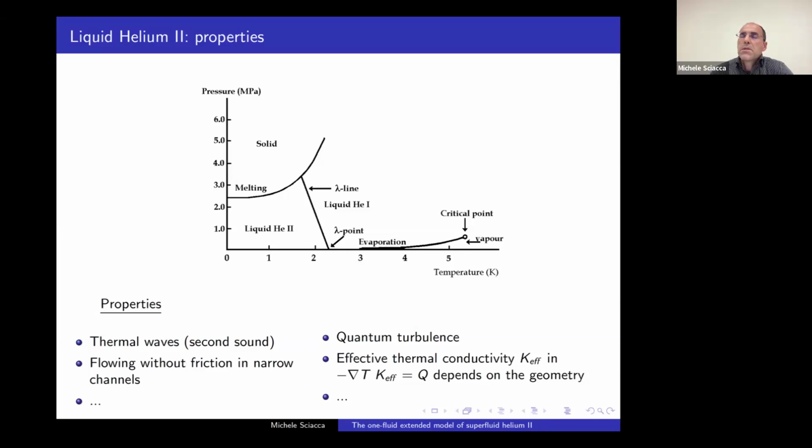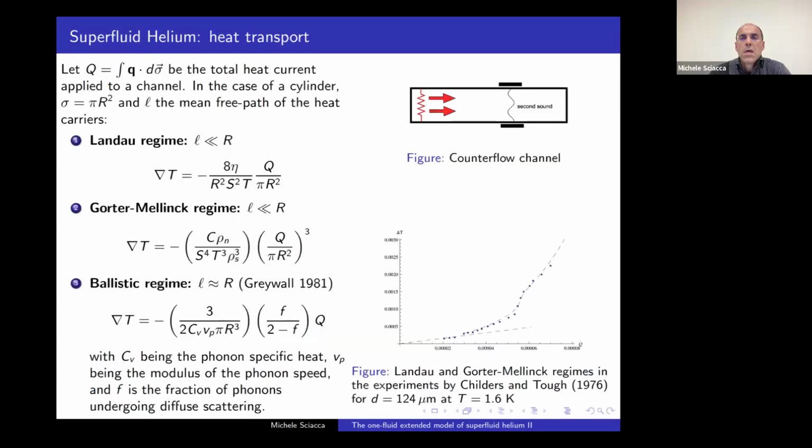From these properties comes the name superfluid, and also quantum turbulence, and the so-called thermal conductivity, which depends on the geometry of the channel, and many other properties, which make this system very interesting to study from different points of view and different approaches.